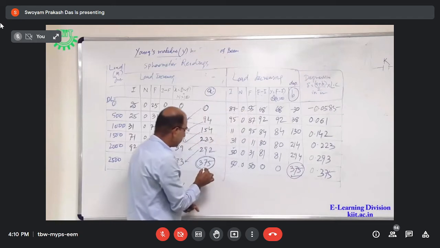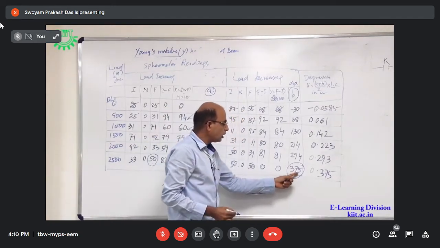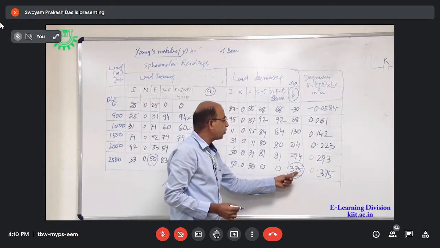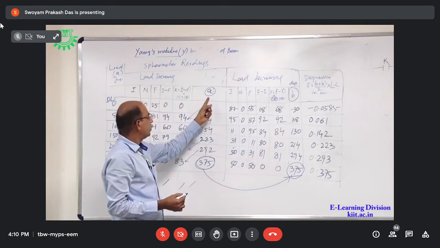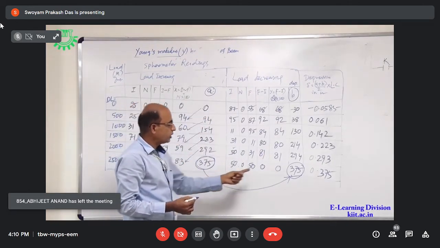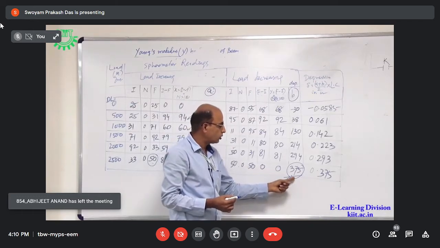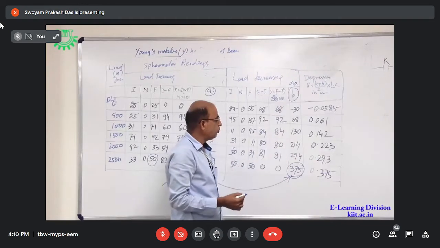The last value, 375, comes over here. Now we will go on subtracting from bottom to top. Here we added cumulatively from top to bottom, but in this case we will subtract cumulatively from bottom to top.